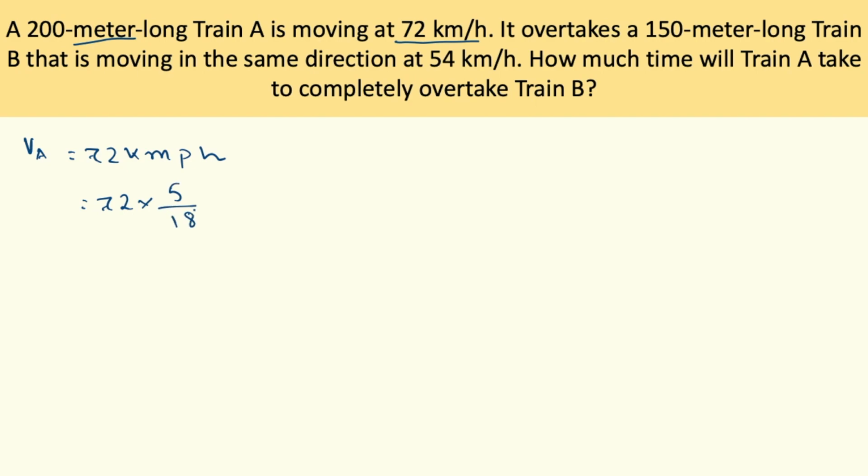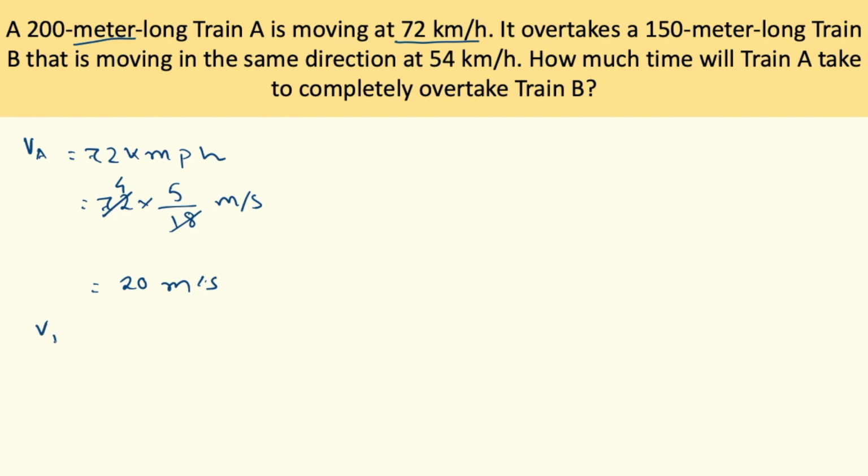You can see my beginning videos or initial videos on speed for why this is 5 by 18, and then if we do this it will convert this into meters per second. Now 18 into 4 is 72, so 4 into 5 is 20 meters per second.